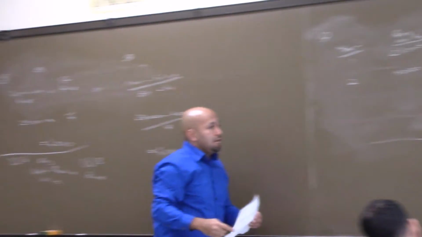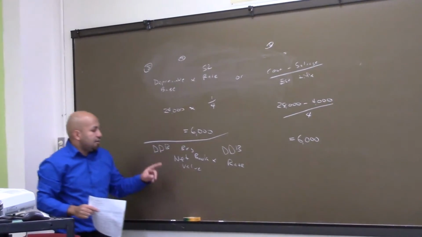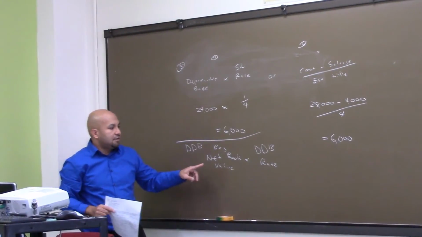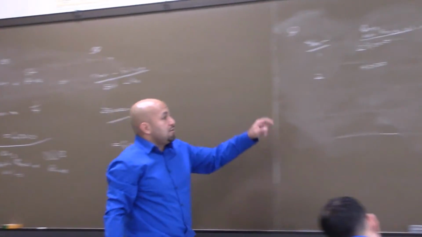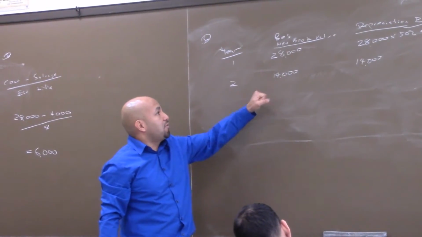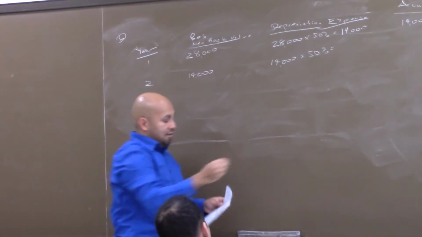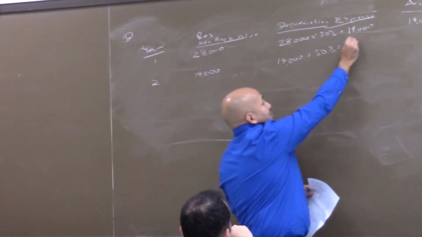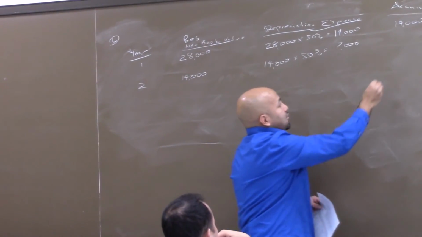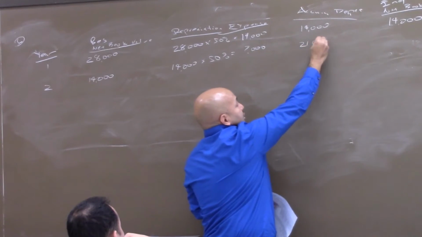Again, we're using this exact same equation again. The beginning net book value times the double declining rate. So that's my beginning balance of net book value times 50% equals, somebody with a calculator. 7,000. Very good, 7,000. And accumulated depreciation is now 21,000.